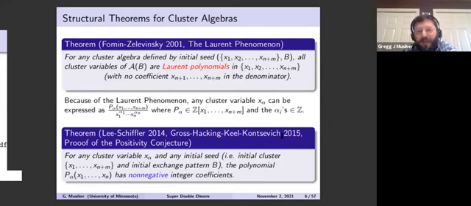But then it took another decade and a half for the positivity conjecture to be proven, where when you write this out as a Laurent polynomial, the numerator of any cluster variable does in fact involve only positive, or more specifically non-negative, integer coefficients.